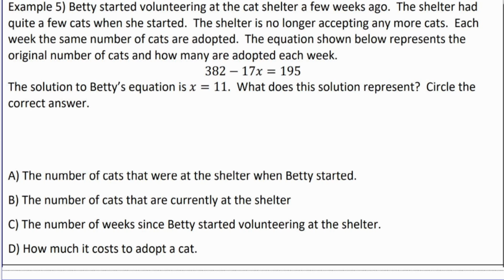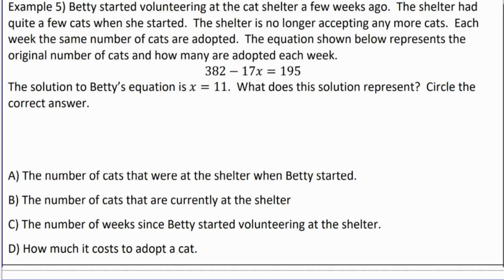So, what do we think that represents? Well, if we go back to our candy problem from number 4, we can kind of piece it together, right? So Alex had 80 pieces of candy in total, and he was eating 4 a day, so minus 4x. And then y was how many pieces of candy he had. This is a very similar problem where 382 is the starting number of cats.